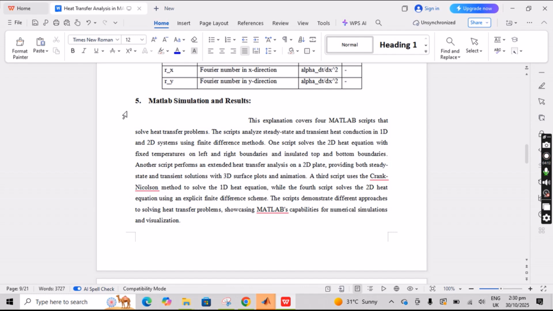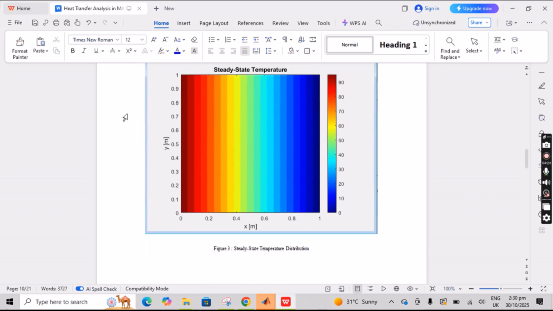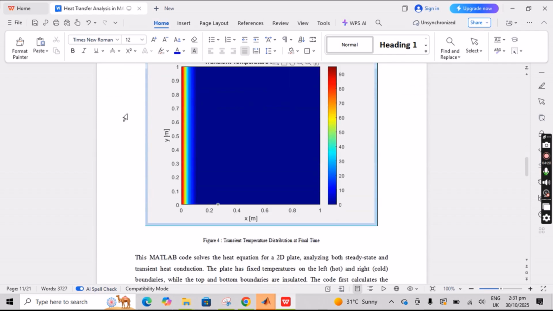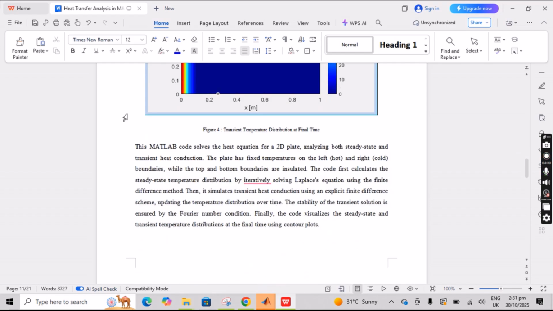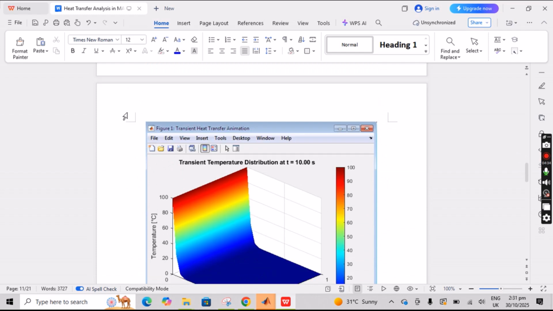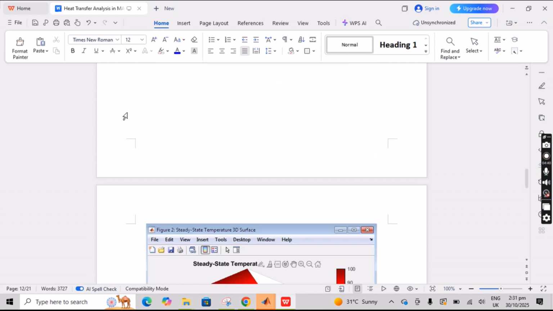In the MATLAB simulation, we have focused on the MATLAB script, how we can develop the script over 2D equations, over 1D, and over 3D surface plots with animation. This is the steady state temperature distribution output result of MATLAB. Transient temperature distribution: this is the transient temperature distribution for 10 seconds of time in three dimensions.